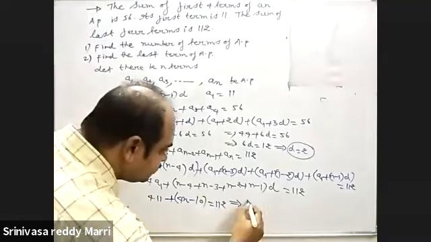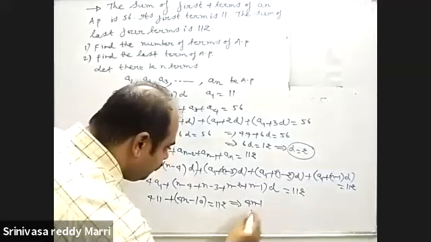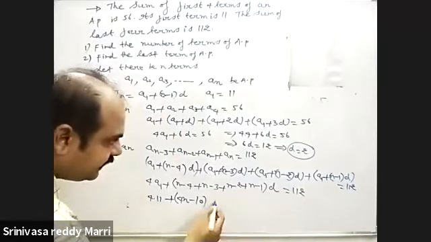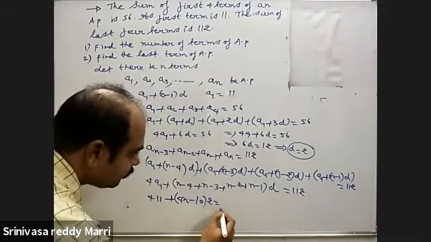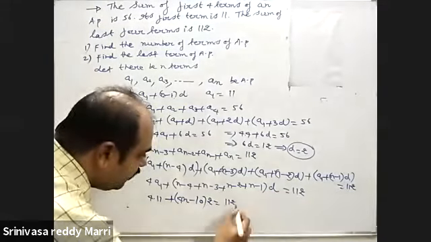That implies (4n minus 10) into d, where d means 2, equal to 112.